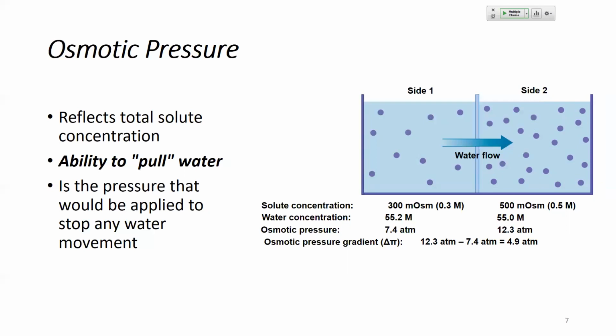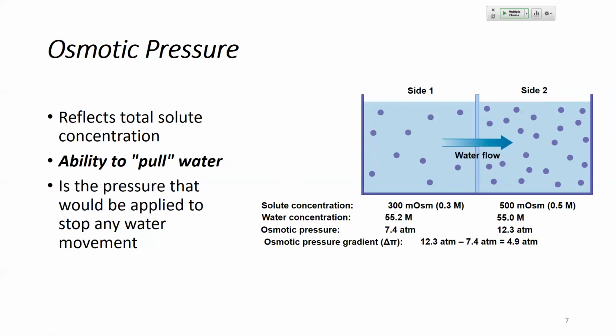So let's say, for example, we have these two scenarios, side 1 and side 2. In side 1, we have a higher concentration of water and a lower concentration of solutes dissolved in that water. On side 2, we have the opposite. We have a higher concentration of solutes, a lower concentration of water. And so side 2, having more solutes, creates this pull where it wants to draw water from side 1.